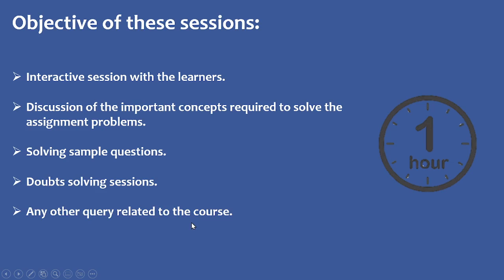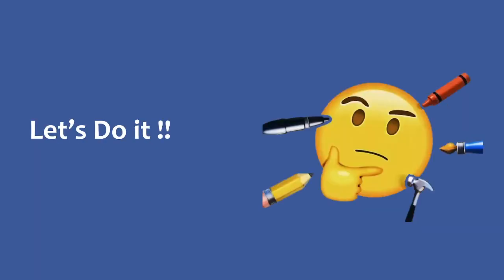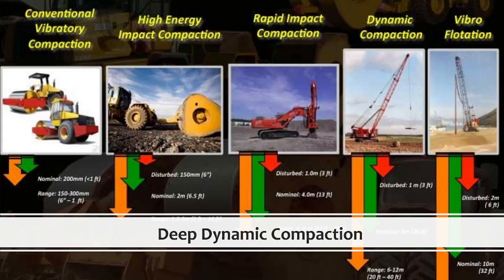In this week, we have covered the deep dynamic compaction technique. In previous weeks, we saw how to improve the soil which is available at shallow depth, with methods such as conventional vibratory compaction, rapid impact compaction, or the help of rollers. But what if we want the soil at a larger depth, with more resistance?